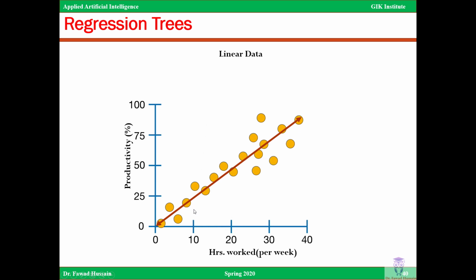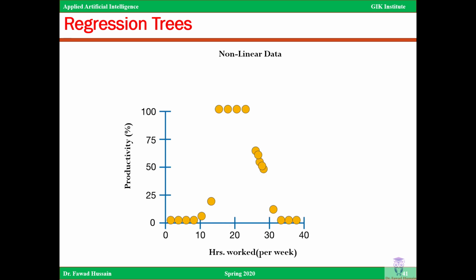However, suppose now that we look at another kind of data, and that is non-linear data. In the non-linear data, we have a different kind of trend. We see that as the number of hours increases, the productivity is increasing, and then it reaches a maximum of 100% productivity around maybe 17 to 23 or 24 hours per week, and then it starts declining again.